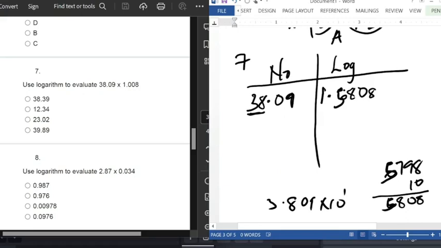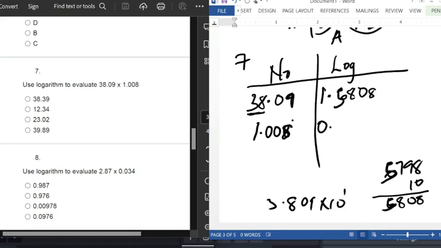So the next number we have there is 1.008, right? We have just one digit as the whole number, so 1 minus 1 is 0 point. So we do the same thing. We check 10 under 0. 10 under 0 gives us 0.